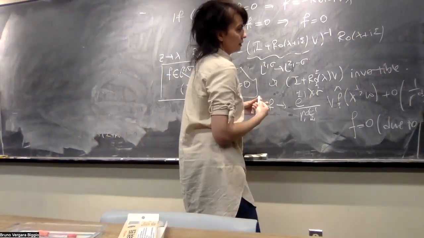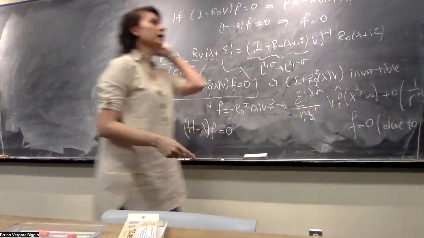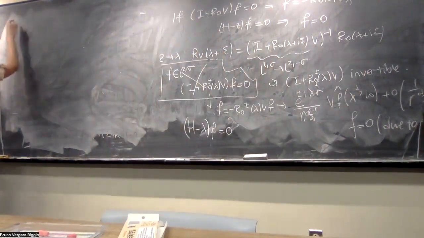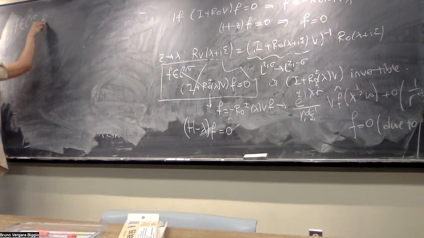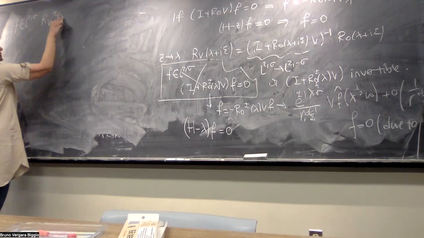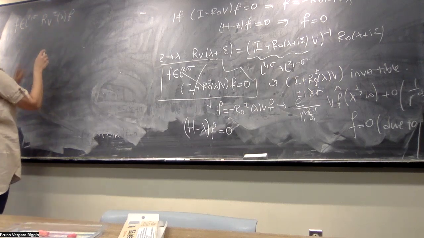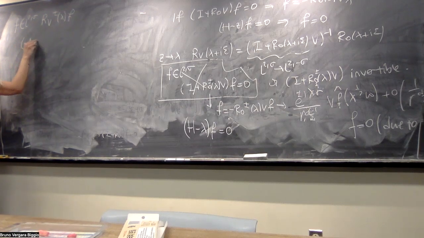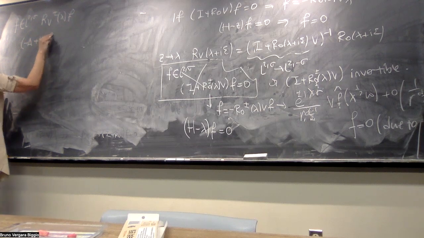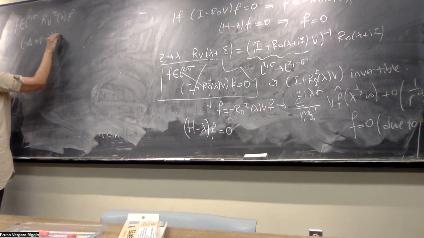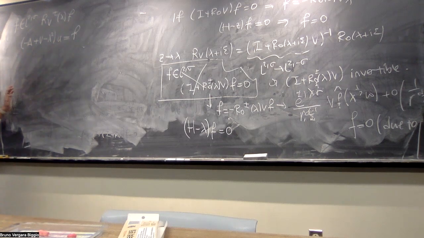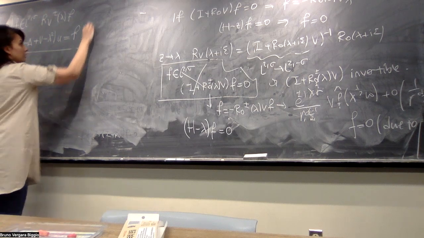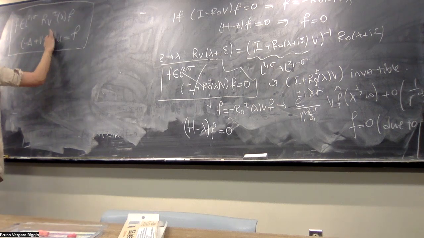If F is in L2 sigma, and I look at R V plus and minus lambda F, then this guy solves minus Laplacian plus V minus lambda squared U equals F.